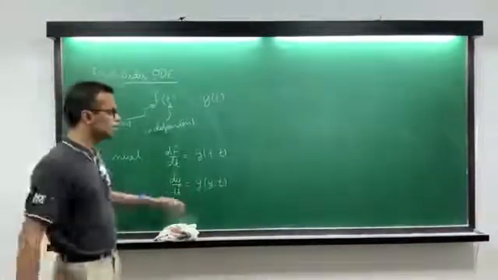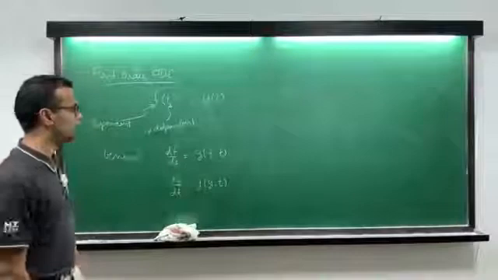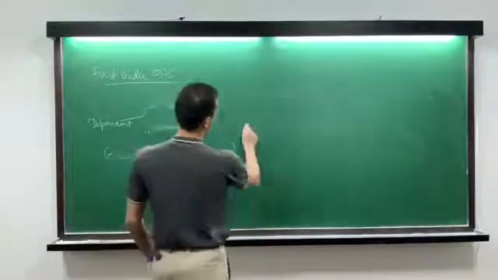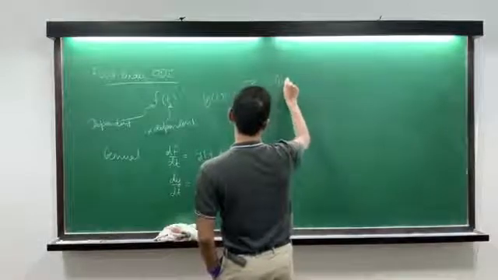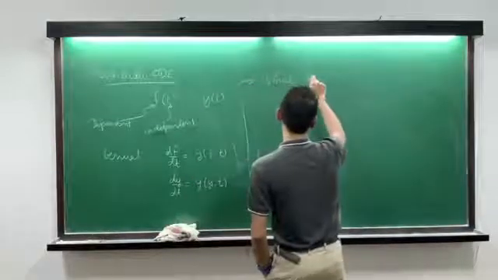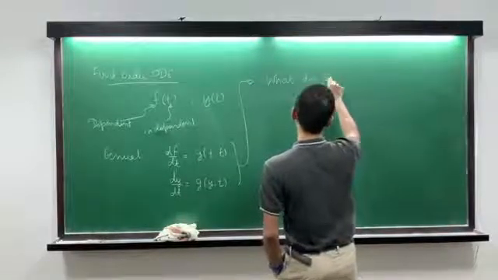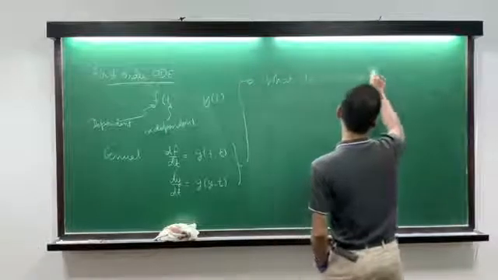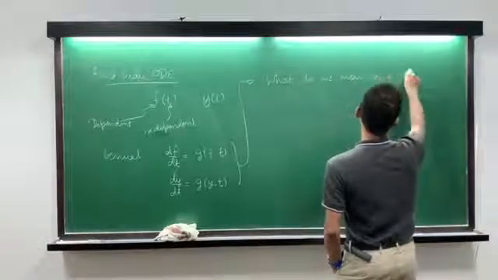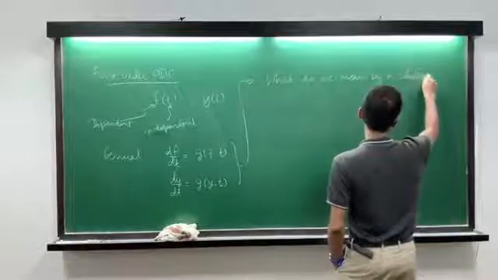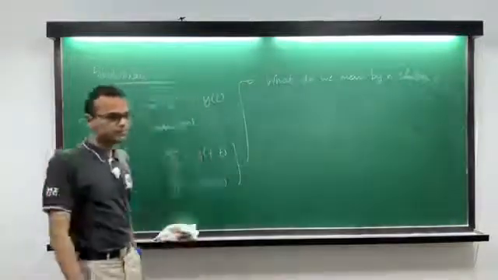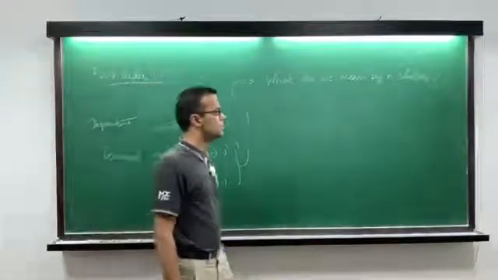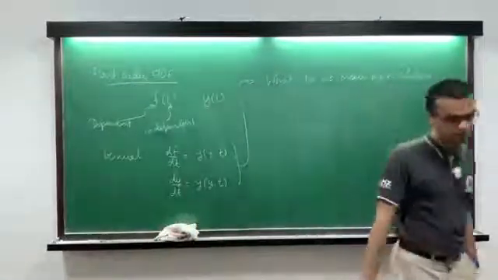So before we start, there is some formalism that we need to develop, and that is where we will start in the next session. The first question that you have to ask is, it's a very sort of introspective question, seemingly. The first question is, what do we mean by a solution? What exactly do we mean? When we say solution, what do you mean? Okay. That's the first question.